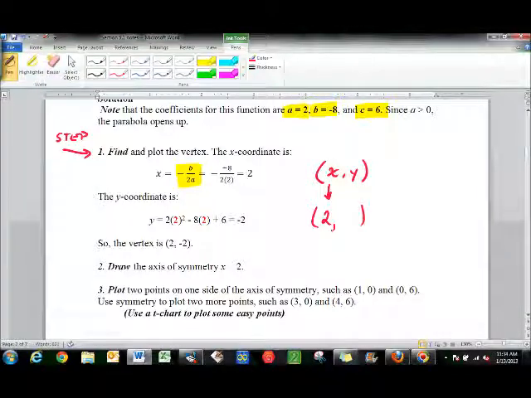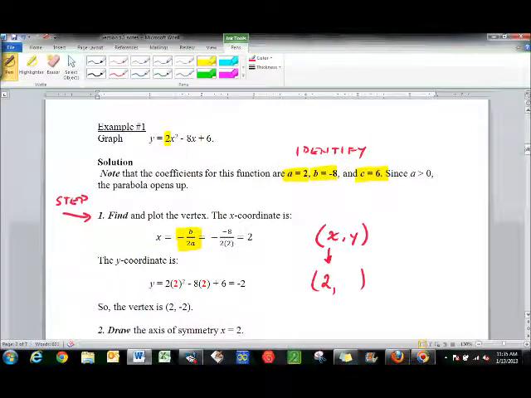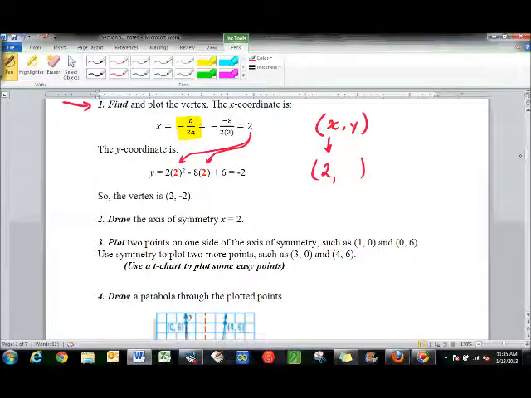Now, since the vertex represents a point or an ordered pair, we're going to need a corresponding y value for that. So we'll take the original quadratic function, y equals 2x squared minus 8x plus 6, and we'll take that 2 and plug it in for each x value so that we can come up with the corresponding y value. In this case, that's negative 2.